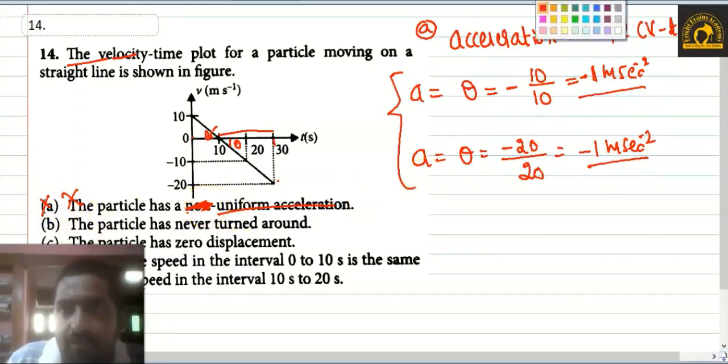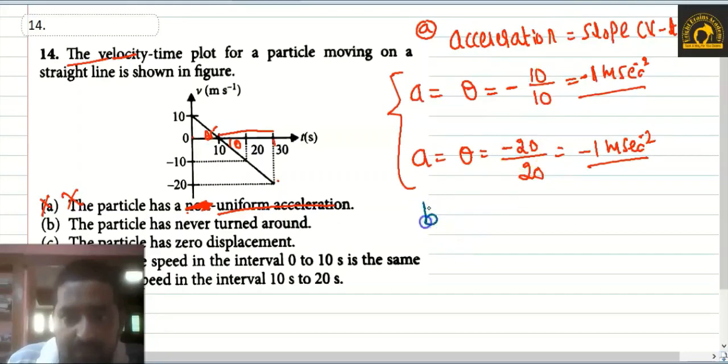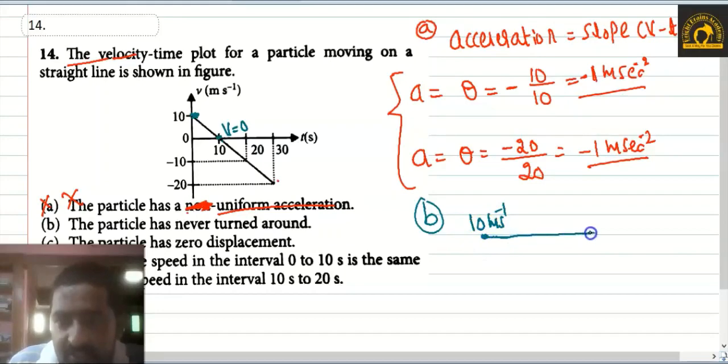Then go to option B: the particle has never turned around. The particle starts from 10 meter per second. The velocity decreases and finally reaches 0 meter per second.